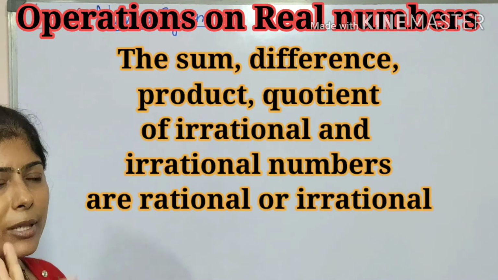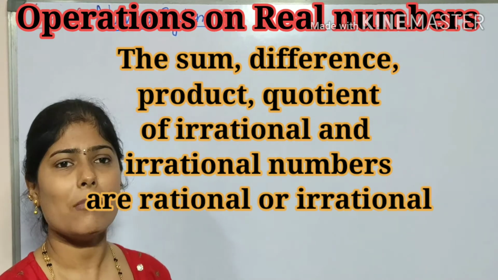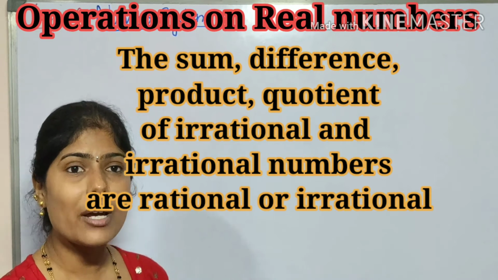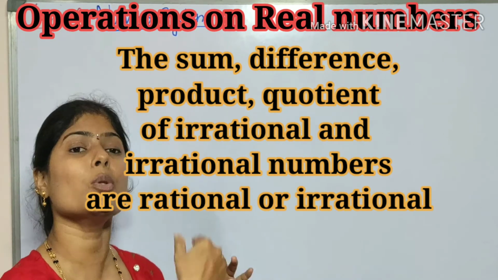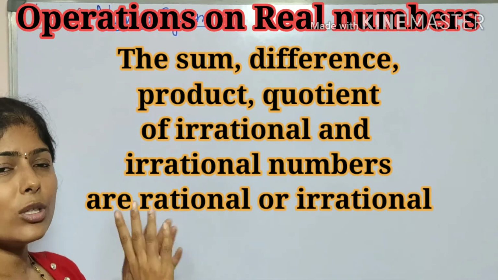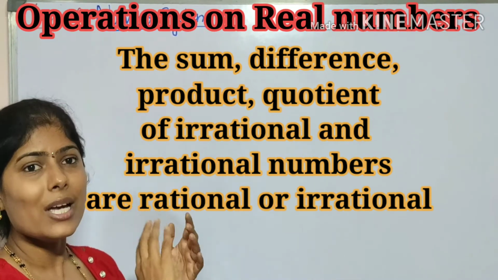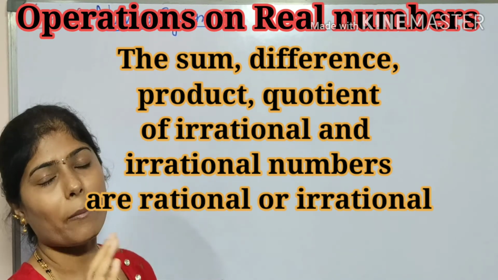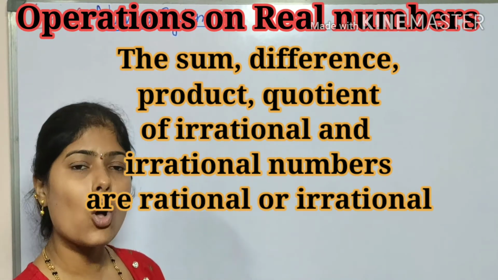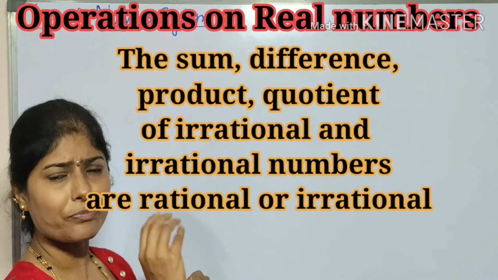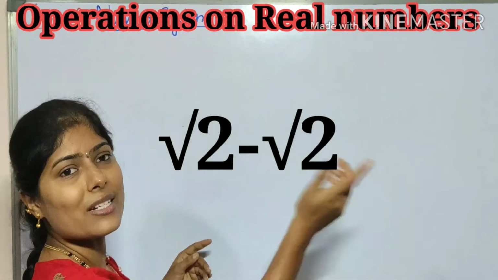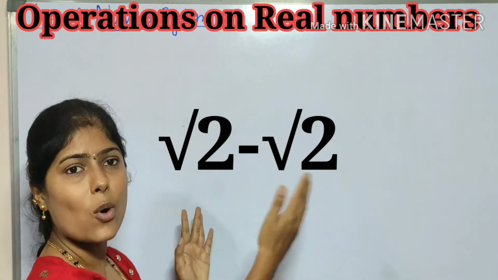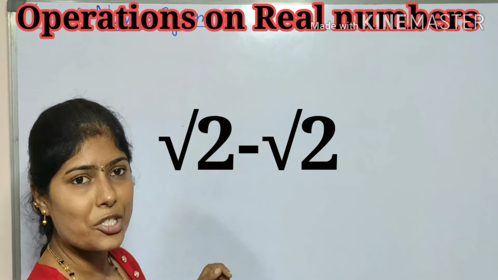Point number 3: it may be a sum, a difference, a product, or a quotient of an irrational number and an irrational number. Here both are irrational numbers, so the result can be a rational number or an irrational number. For example, root 2 minus root 2 is 0, and 0 is rational.